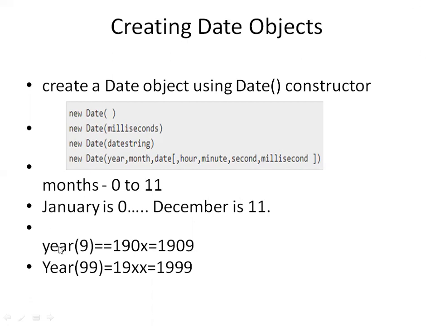If the year has only one digit, it will be interpreted as 190x, where x represents the digit specified in the year function. Therefore, it is interpreted as 1909. Likewise, a year of 99 will be interpreted as 19xx, where xx represents the digits specified in the year function. Therefore, a year of 99 will be interpreted as 1999.